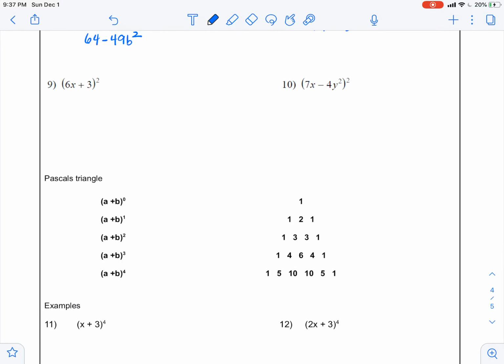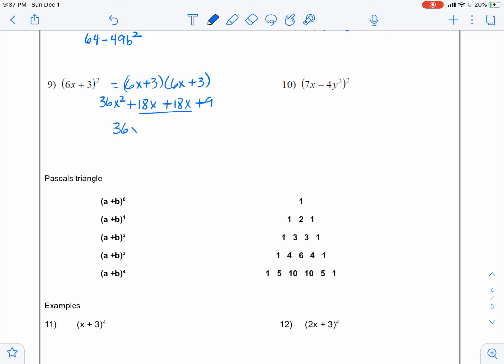So when you see this, you should write it out. That should be your first step, okay? Now I'm doing FOIL. So first, okay, outside, inside, last. Again, these two are the same.